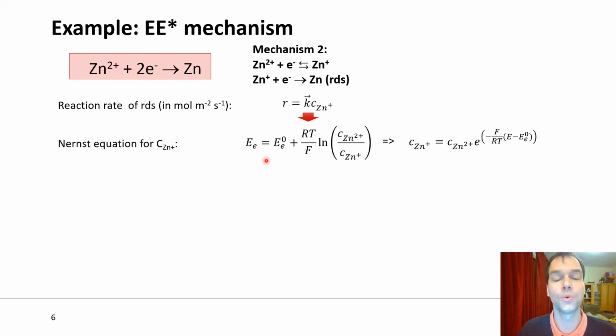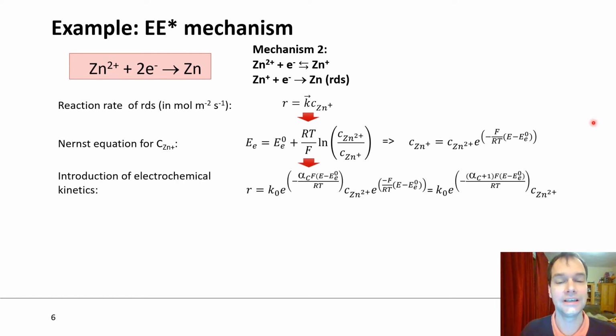So then we can write down this equation. The equilibrium potential is the standard electrode potential plus this. And this we can rewrite to: the concentration of Zn+ is the concentration of Zn2+ multiplied by e to the power of F over RT times (E minus E0).